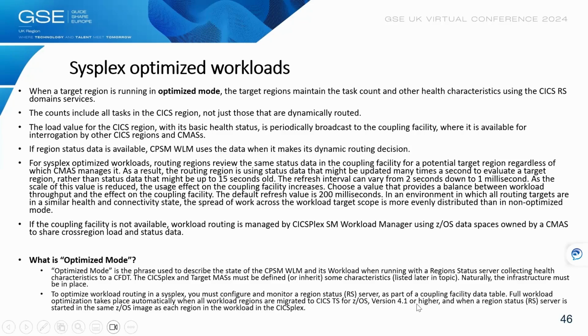Keep in mind, internally within CICS, it uses a region status server, which is basically a different domain internally within CICS. And the server itself is started in the same z/OS image as the CICS regions to try and do a better job of determining whether or not there's a region on another LPAR that would do a better job of processing the workload than locally.